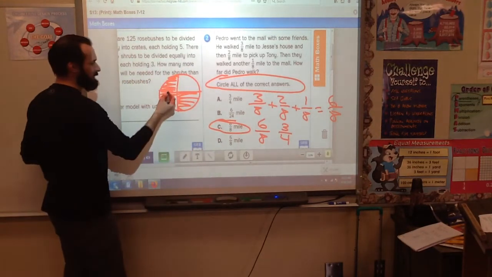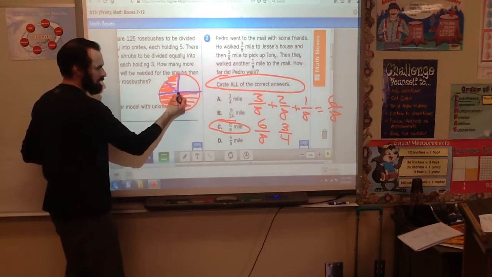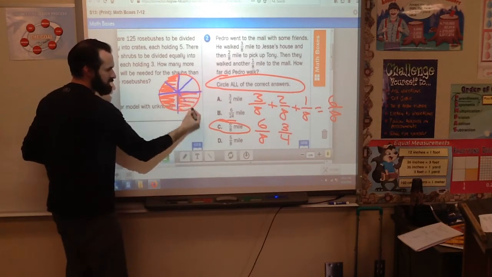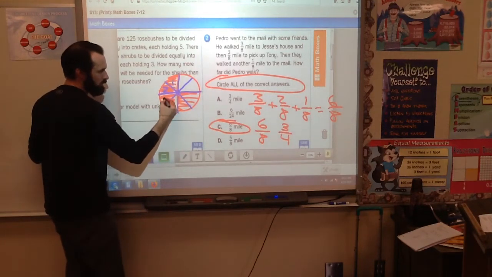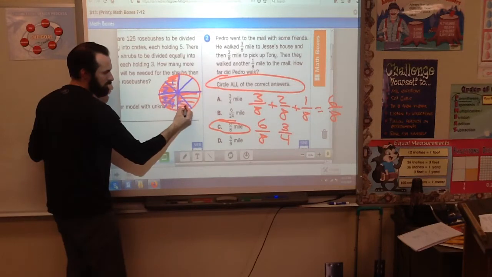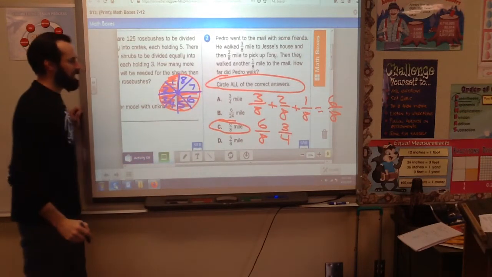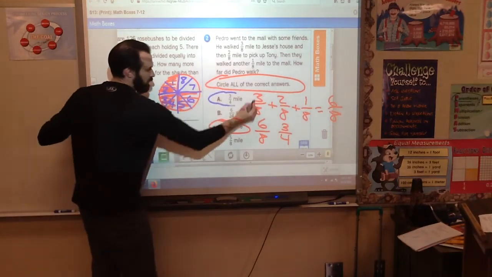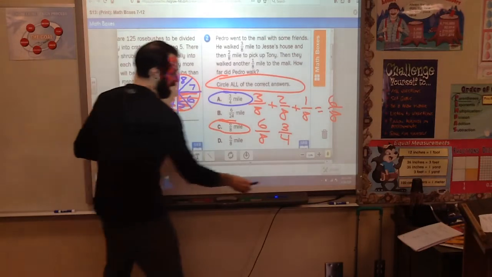If I make this into eighths and split each of them in half, now I have 8 pieces. I have 1, 2, 3, 4, 5, 6 out of 8. So the other answer here was 3/4. 3/4 of a mile is equivalent to 6/8 of a mile.